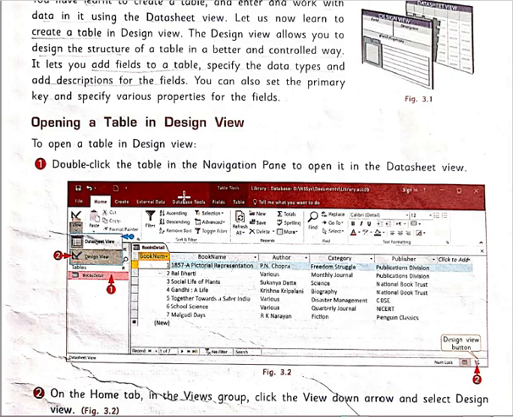To open a table in design view, we double click the table in the navigation panel to open the datasheet view, as you can see in figure 3.2.